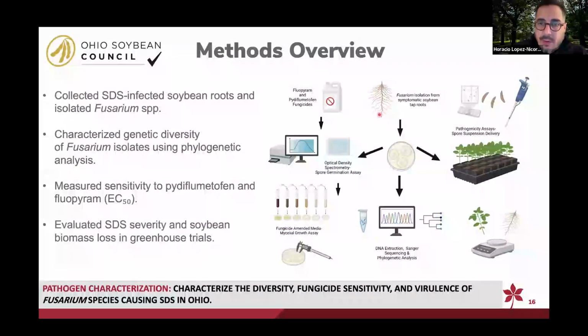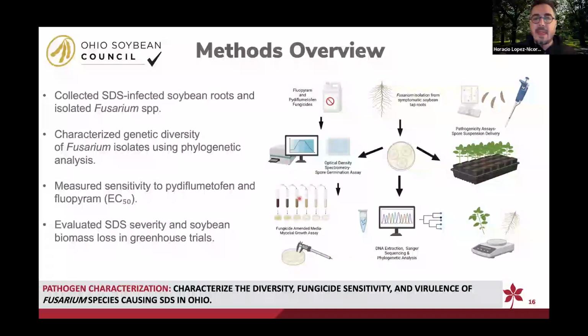A little bit of what we did: we received the samples from growers, working with you guys. You send the sample to the lab. We were able to create that pure isolate. And from there, we asked the question, what are the species we have? We also, in the greenhouse, inoculated plants and saw how aggressive they are at rotting the root and causing symptoms.